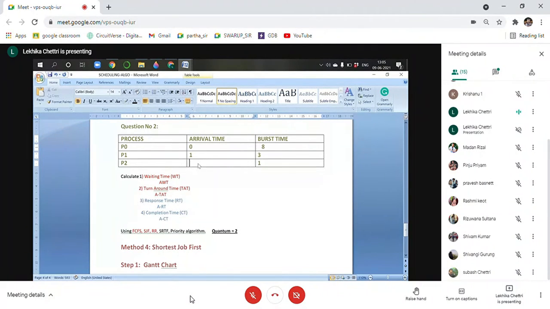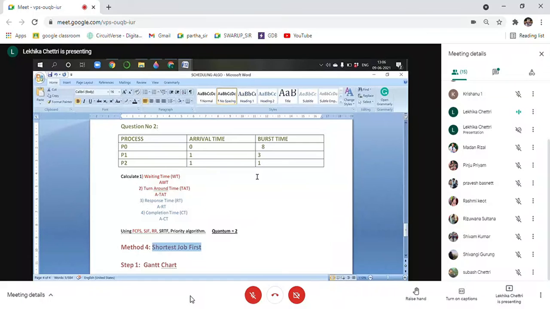Now if I have something like this, at arrival time 0 there is only one process in the ready queue, so P0 will enter into the ready queue. But at time equals 1, there are two processes that have simultaneously entered into the ready queue. So in this case, for shortest job first, who gets the CPU time?